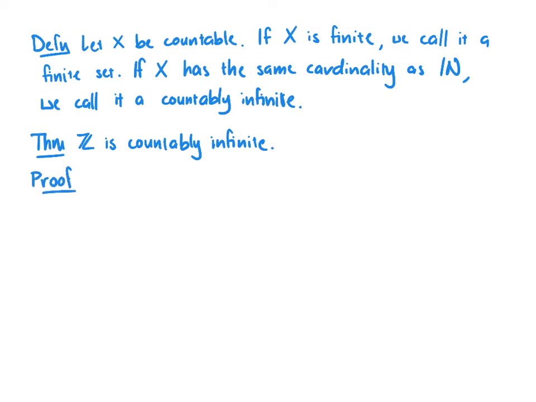Okay. So how does one prove a statement like this? So here's what we need. We need to place all the elements, this is important, all the elements of the integers Z into an ordered list.